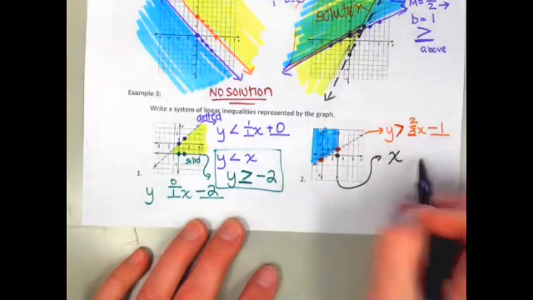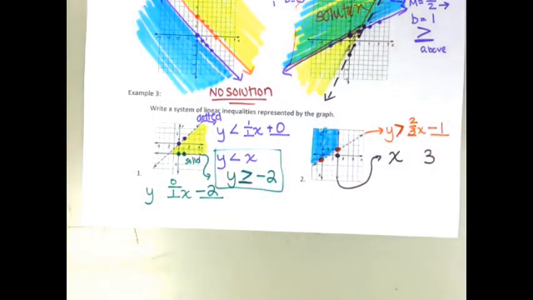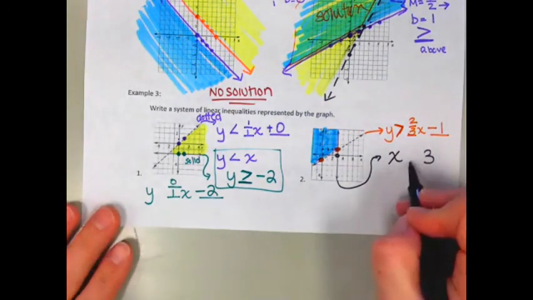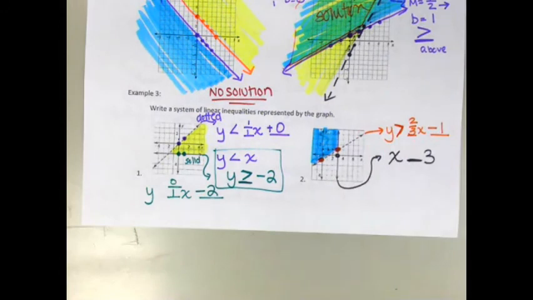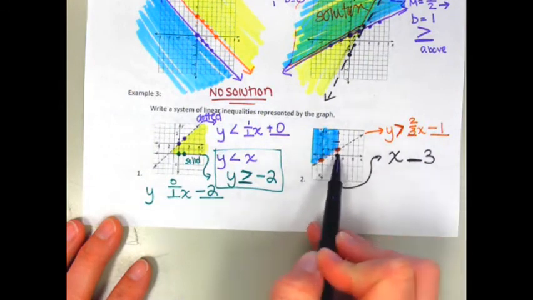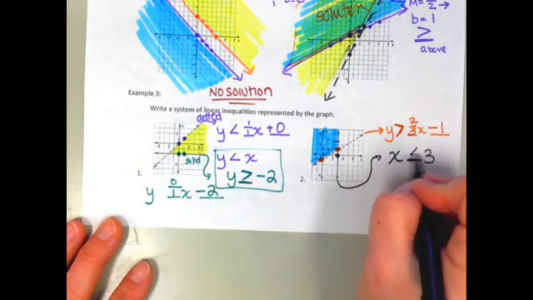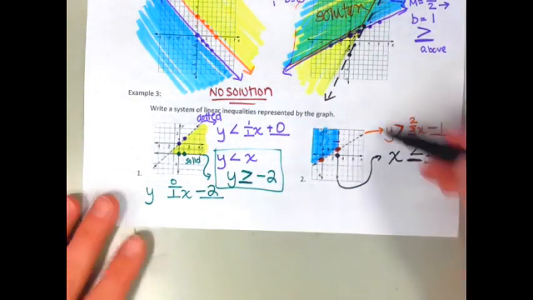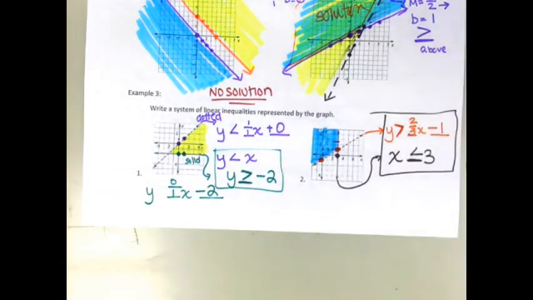At 3. Now, is it dotted or solid? Solid, so we know it's equal to. Now, there's not an above and a below the line. But let's think about this. Which way is shaded from this? Numbers that are greater than 3 or less than 3? Less than 3. So X is less than or equal to 3. And there you go. And you just wrote your inequalities.